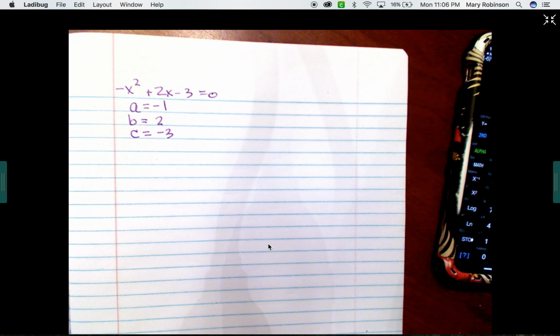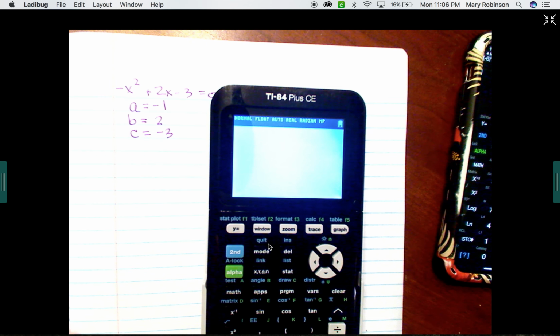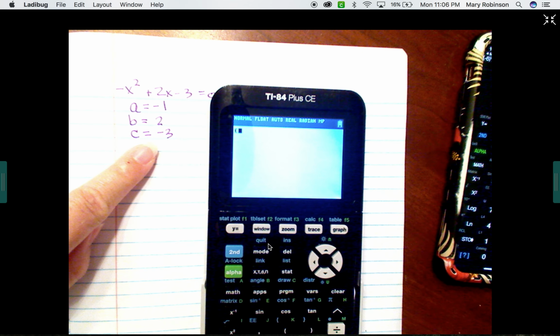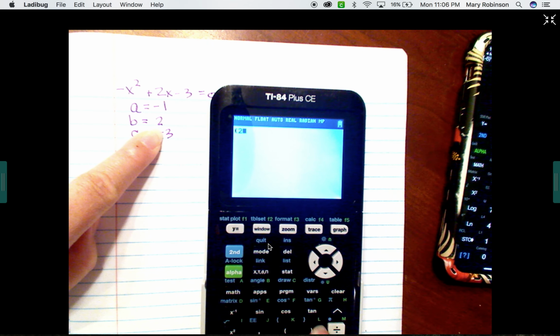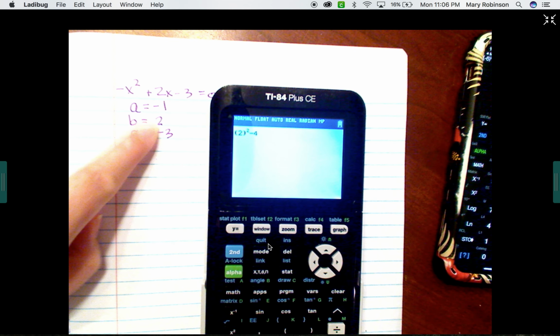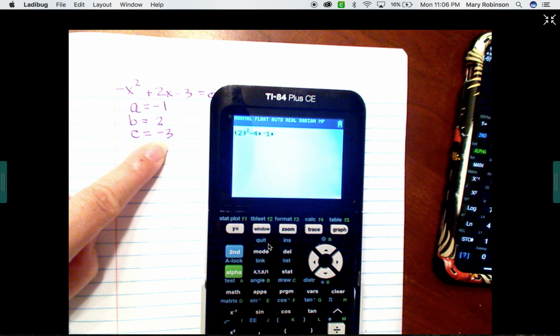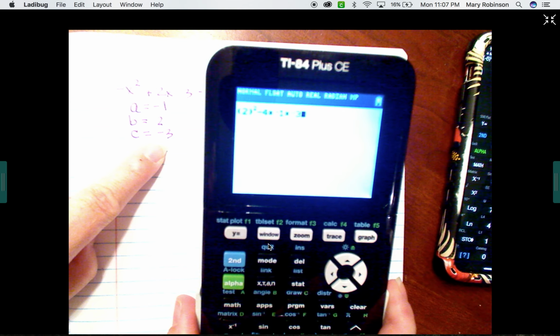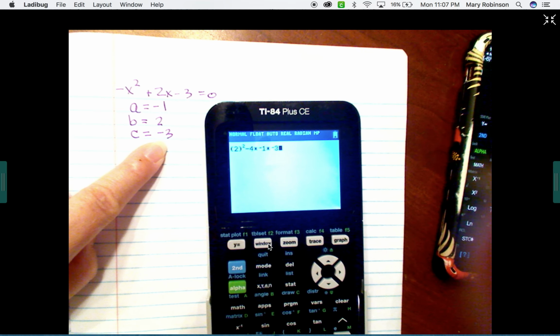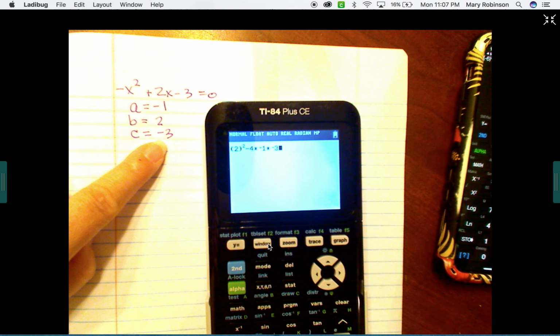My C value is negative 3. Once you get really good at this, you really can just go straight to putting it in your calculator. So parentheses, my B value is 2, so B squared minus 4 times A times C. Just like that. 2 squared minus 4. I'm trying to make it a little clearer for you. I'm sorry.